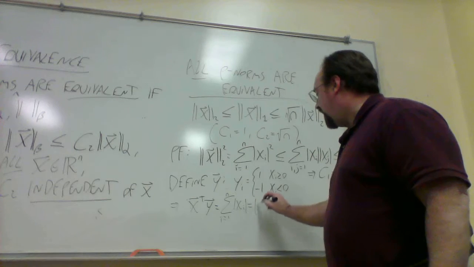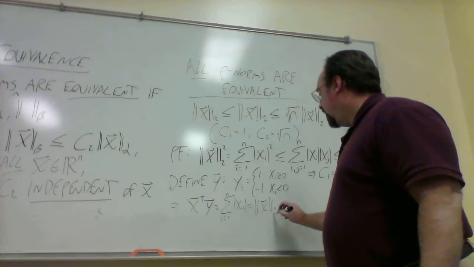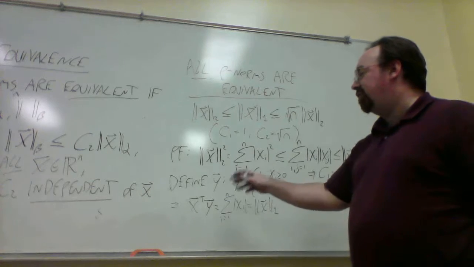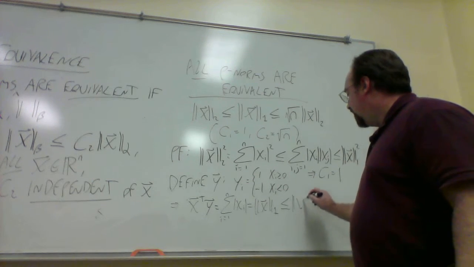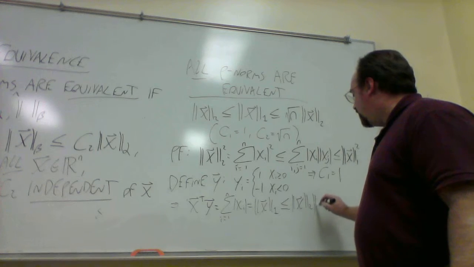But that's the one norm of x. But now we apply the Cauchy-Schwarz inequality and say this is less than or equal to the 2 norm of x times the 2 norm of y.